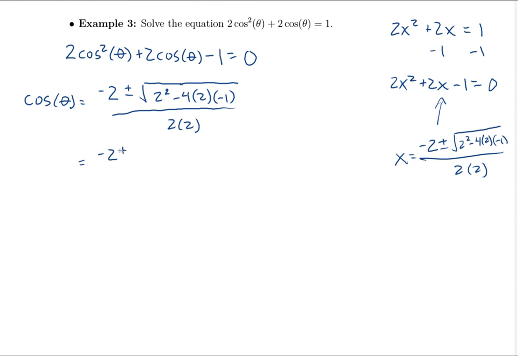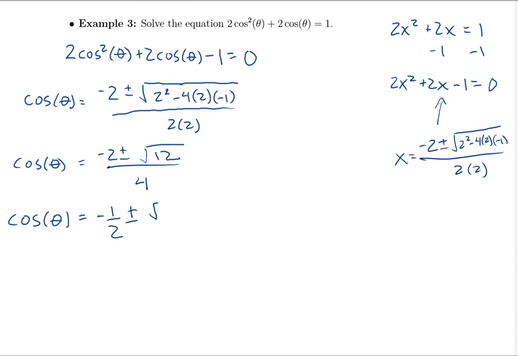So inside of that square root, I get 12 over 4. And so then I can do a little simplifying here. This will be the cosine of theta is equal to -1/2, so 2 over 4, plus or minus the square root of 12 over 4.